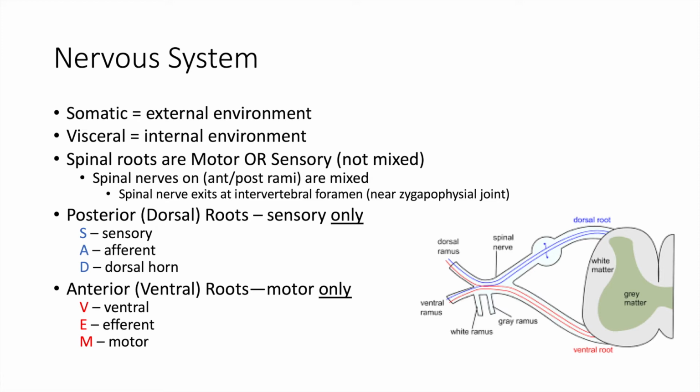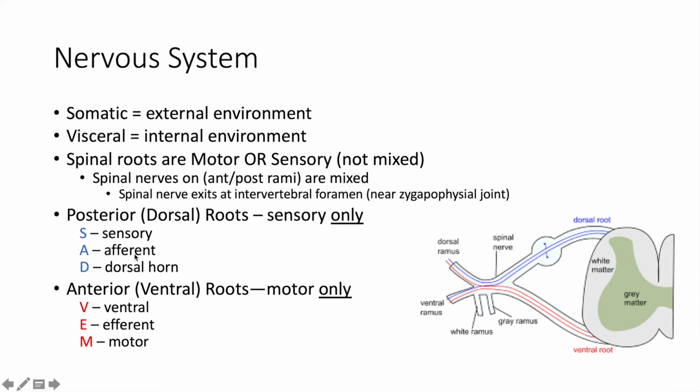Now our posterior roots, our dorsal roots, are sensory only, whereas our anterior roots, ventral, are motor only. How I remember these is SAD, VEM.